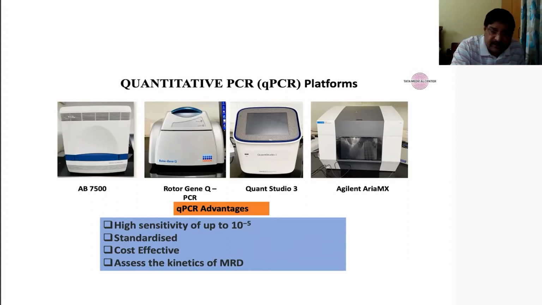It can assess the kinetics of MRD, as I mentioned, for BCR-ABL transcripts in CML, and PML-RARA transcripts in APML. These are the real-time platforms: ABI 7500, Rotor-Gene, QuantStudio 3, and Agilent AriaMx, the quantitative PCR. All four platforms are in our laboratory, where we use them very efficiently to study a large number of molecular genetic studies. Next.